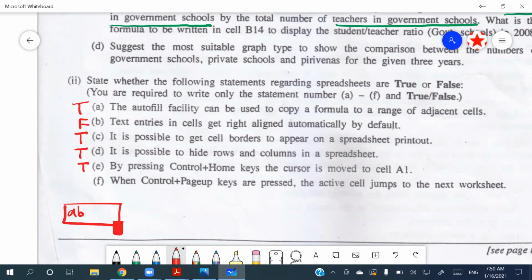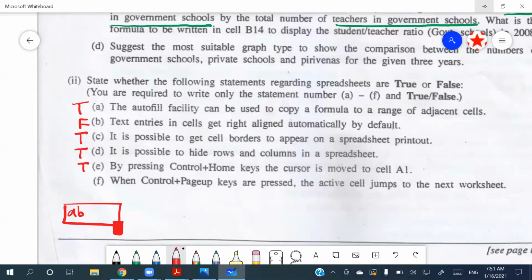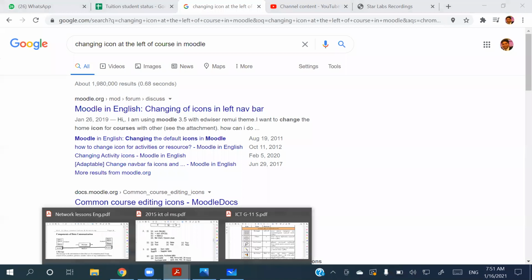F, when Control plus Page Up keys are pressed, the active cell jumps to the next worksheet. That, of course, I have to check. Control plus Page Up. What is there in the marking scheme? So it's true, false, true, true, true, and the last one is false. Let's check whether it is there in your book or not.